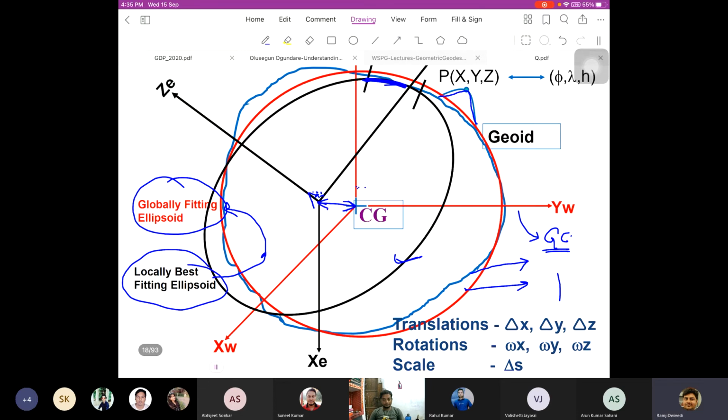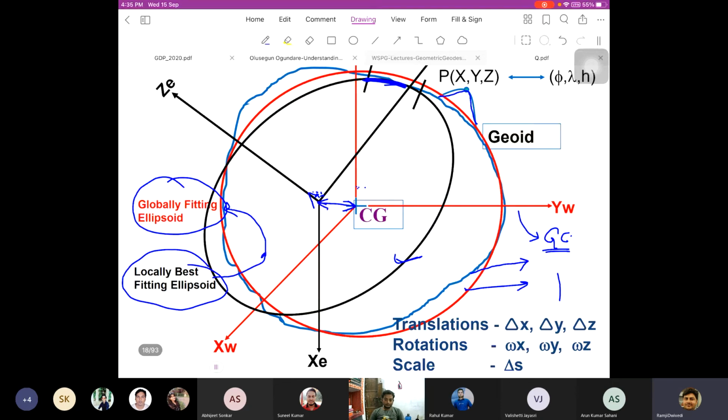If you are talking about the old era where a point is defined in the locally best fitting ellipsoid, it can be converted to the global best fitting ellipsoid by these translations, rotations, and scale parameter transformation.